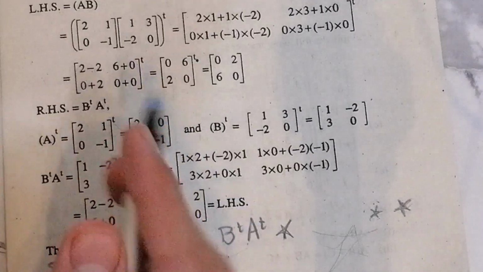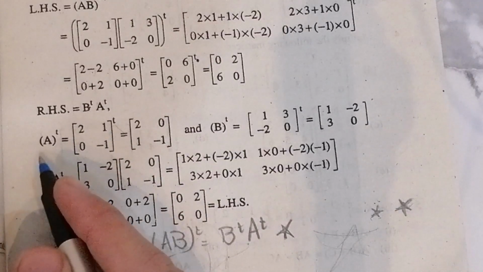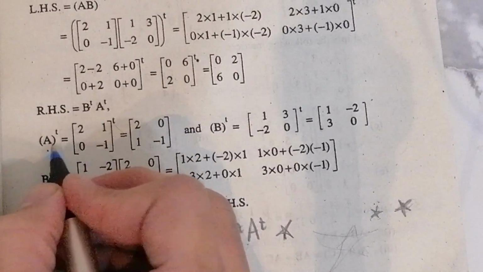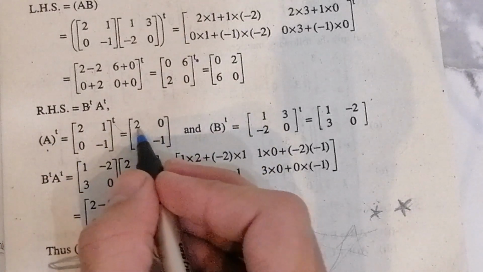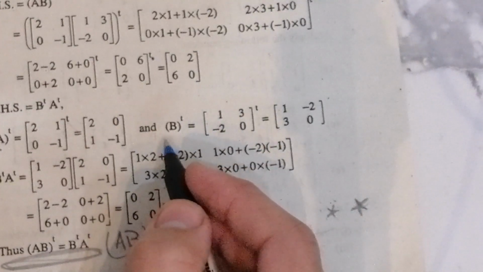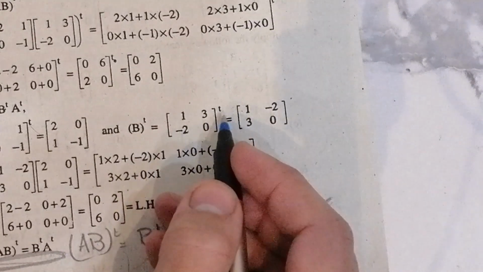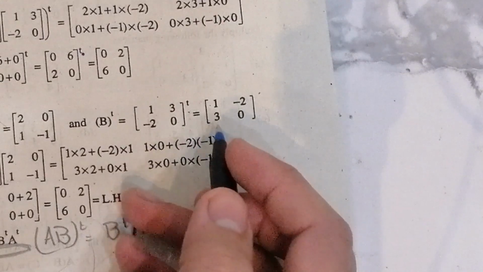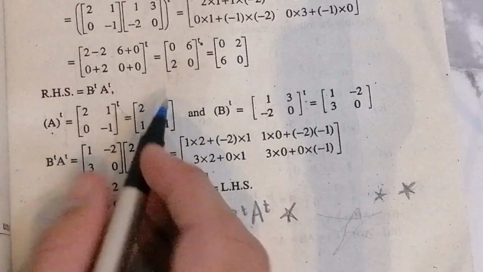Okay, the right hand side, B transpose A transpose. First we will take the transpose of the A matrix. This is the A matrix, its transpose will be equal to 2 0 1 minus 1. Then we will take the transpose of the B matrix. This is the B matrix. If we take its transpose, it will be equal to 1 minus 2 3 0. Then we multiply B transpose A transpose.